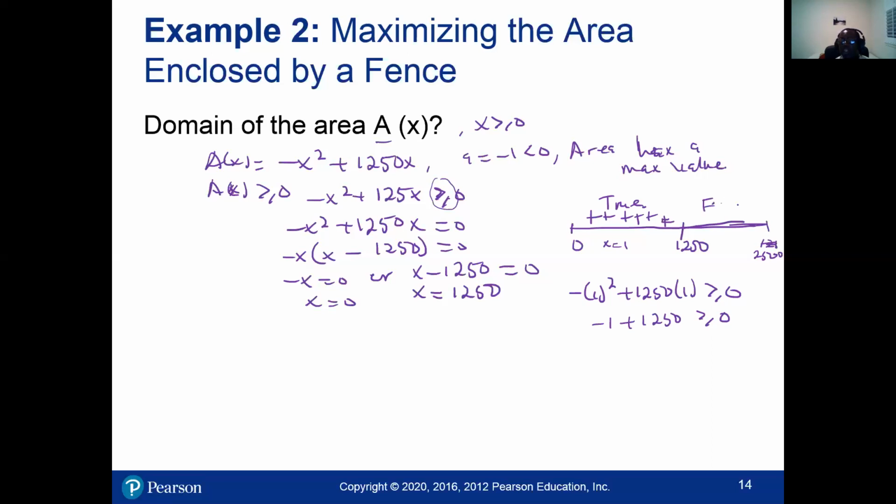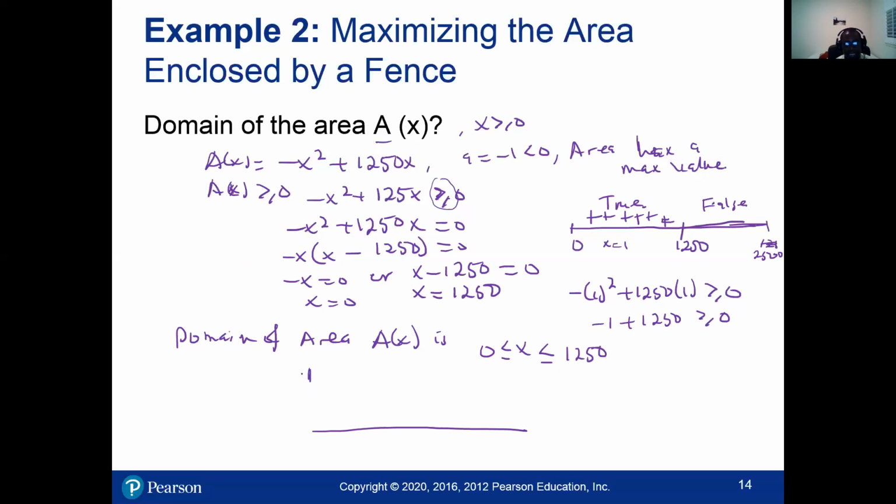Okay. So the domain of the area, A of X, is X between 0 and 1250, that is, X is greater than or equal to 0. Okay, that gives me an idea of how to get this graph, which should be only on the positive axis.